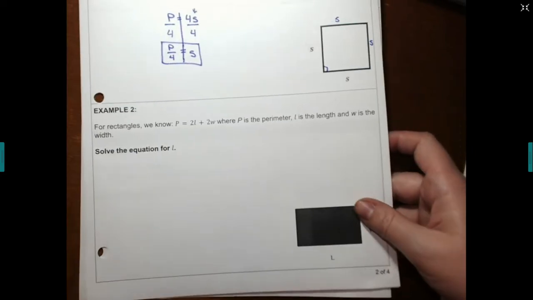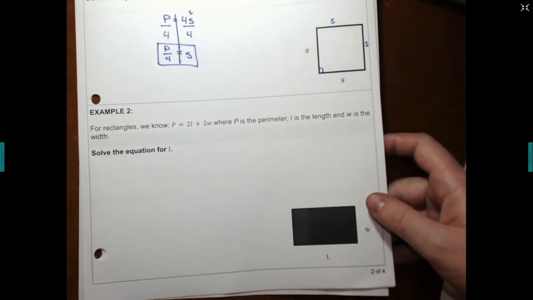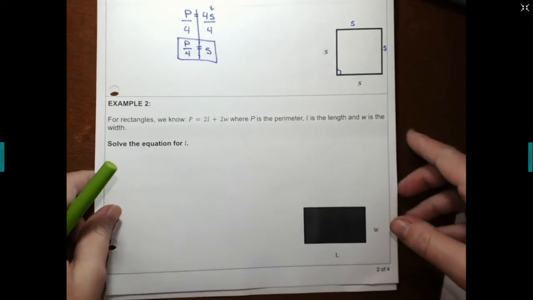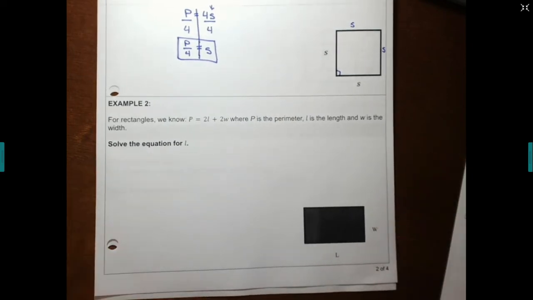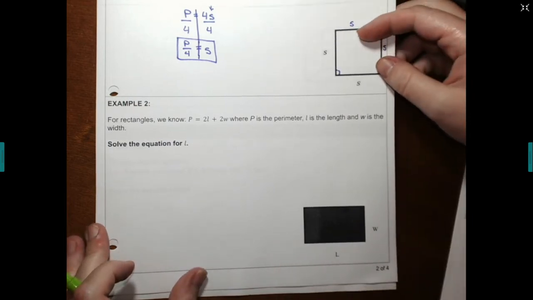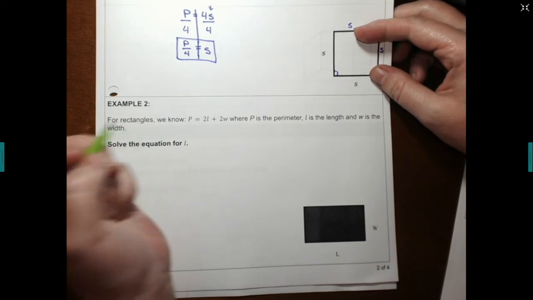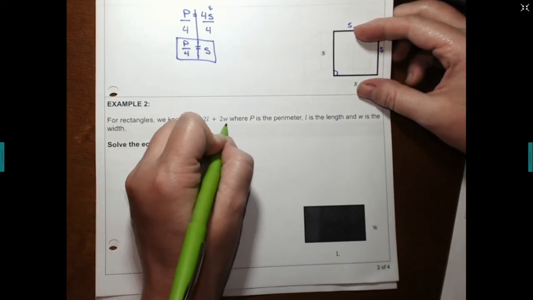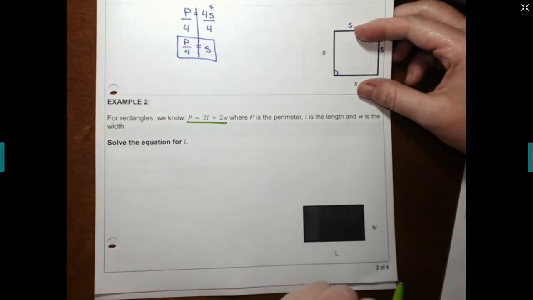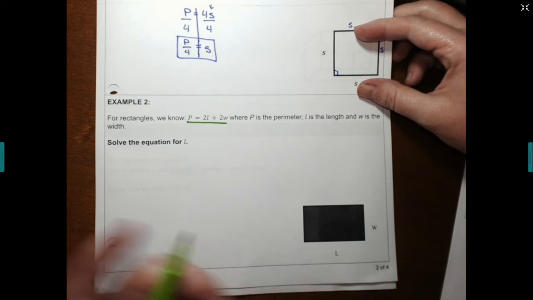Okay, for rectangles, we know that P, again perimeter, equals 2L plus 2W, where P is the perimeter, L is the length, and W is the width. So again, we're using that equation.